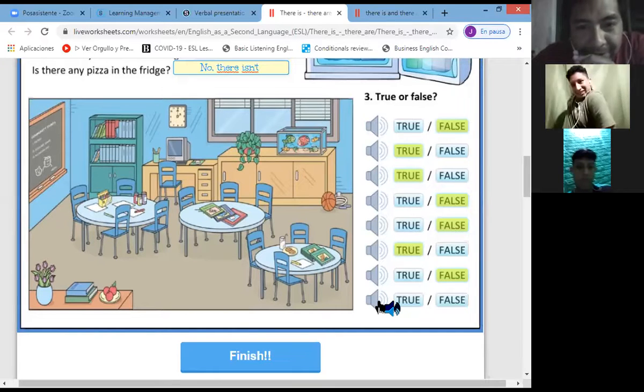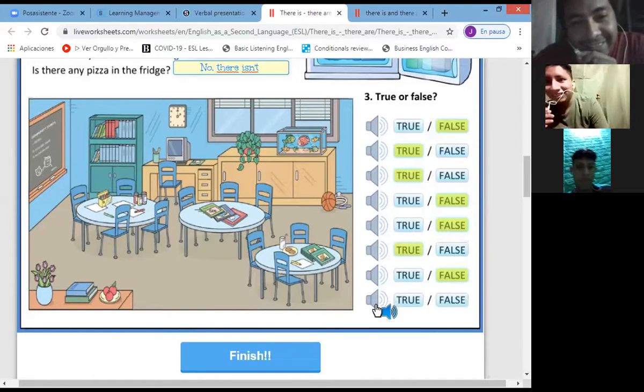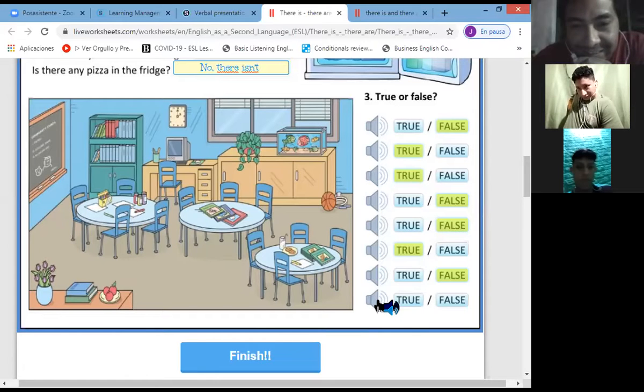No, there aren't. But look at this. Are these biscuits? Cookies. Bizcochos. Biscuit. Cookies for me. It's on a table. So true or false? True. Okay.